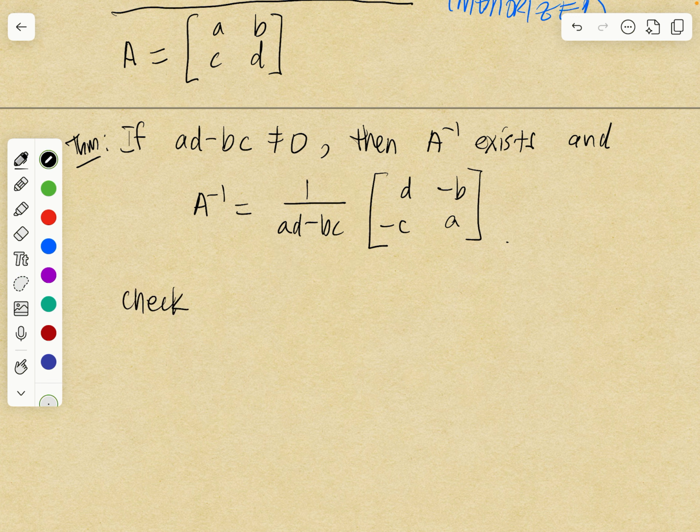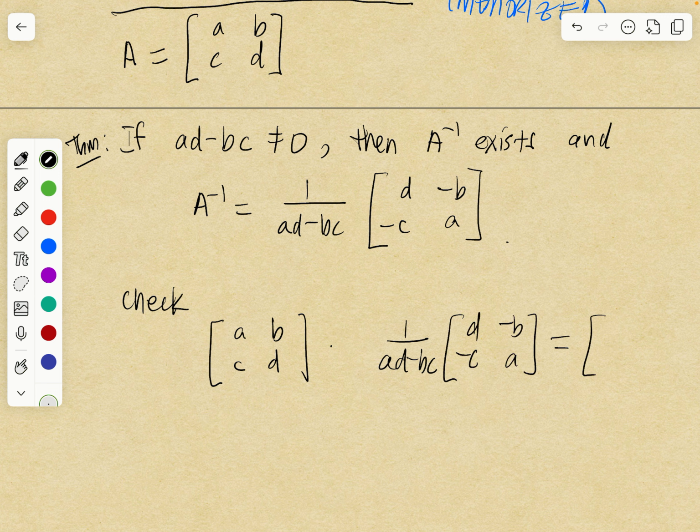What do we need to do to check that two matrices are inverses of each other? We need to multiply them and make sure we get the identity matrix. So we need to check that this matrix times this matrix is this matrix.